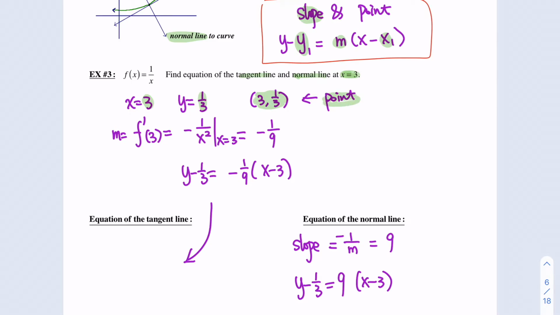Next, you take the derivative and plug 3 in. You get negative 1 over 9. That's the slope. So you use the point-slope formula. After you get the slope, how do we find the slope of a normal line? We use the negative reciprocal, so negative of whatever you get here. That gives us positive 9. So everything is the same except the slope.